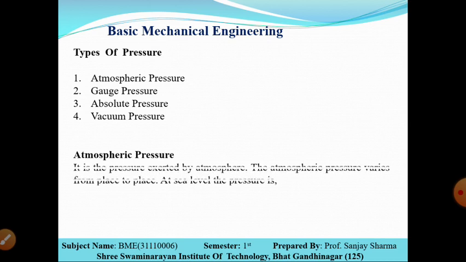First of all, what is atmospheric pressure? We can say it is the pressure exerted by the atmosphere. What we feel right now when we are in the open atmosphere is the pressure developed by the atmosphere. The atmospheric pressure varies from place to place.